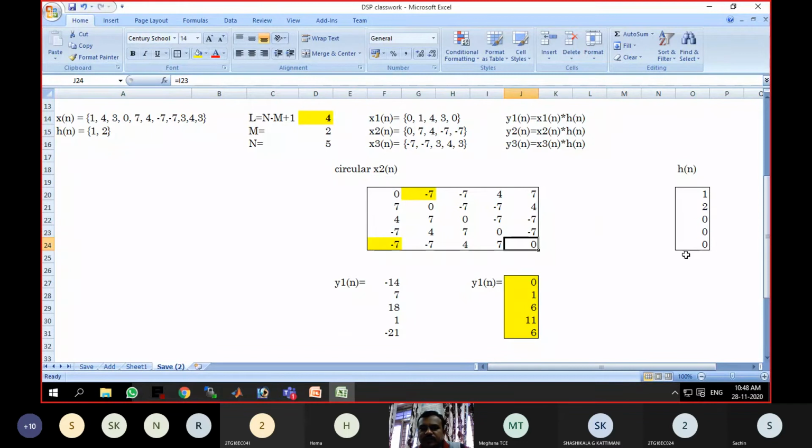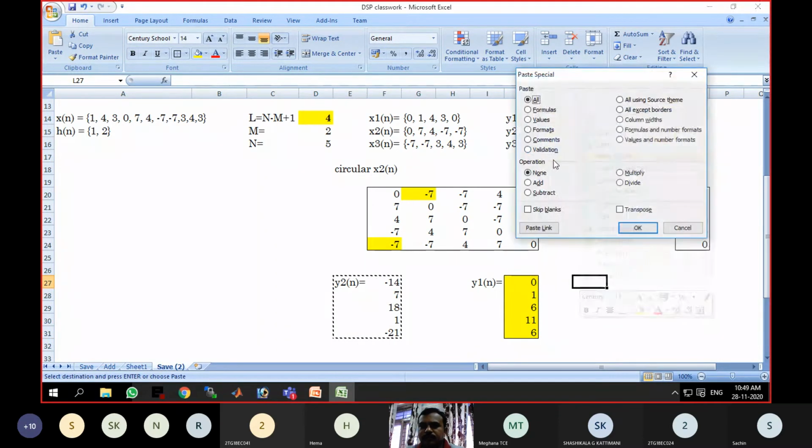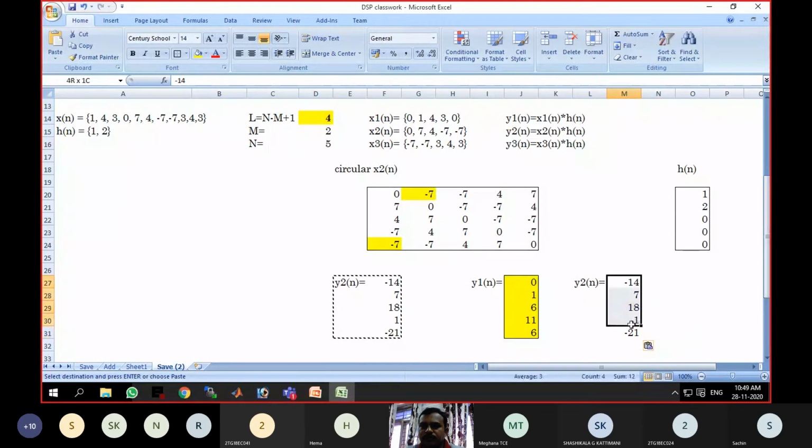Similarly, the matrix of h of n, and we need to perform the calculation for y2 of n. The y2 of n, it is minus 14, 7, 18, 1, minus 21. Okay, then let me save it as y2 of n. So y2 of n I have got.